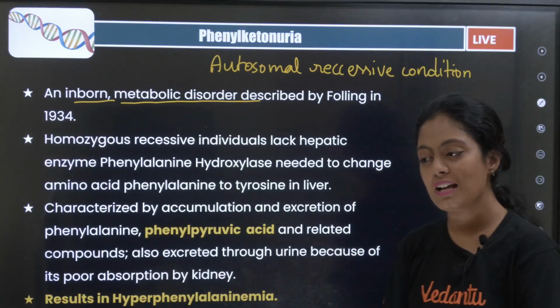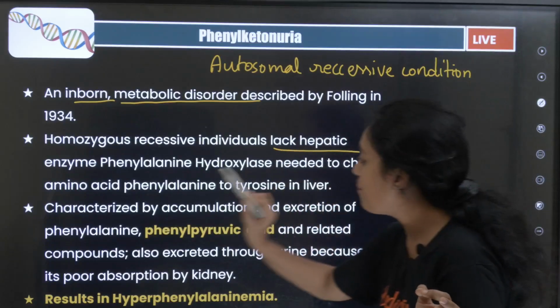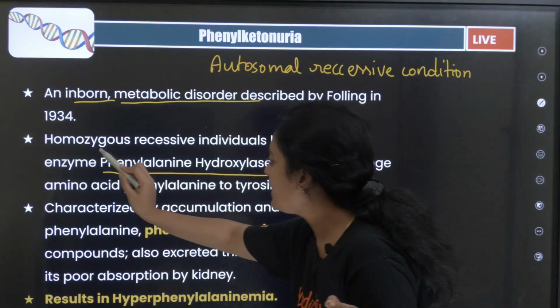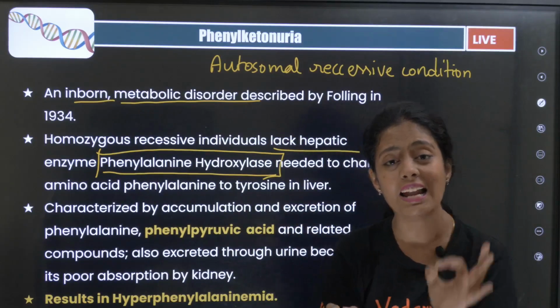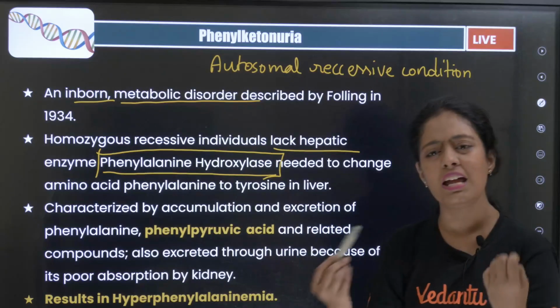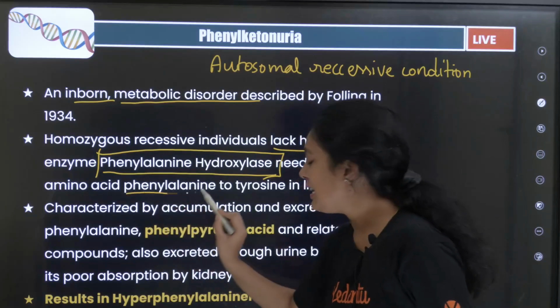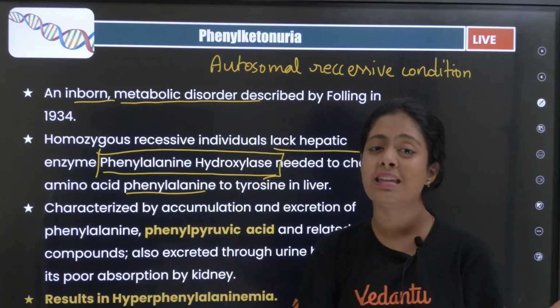So what is actually happening? The homozygous recessive individual lacks a hepatic enzyme. The name of that enzyme is phenylalanine hydroxylase. What is phenylalanine? Phenylalanine is an amino acid. Tyrosine is also another amino acid.